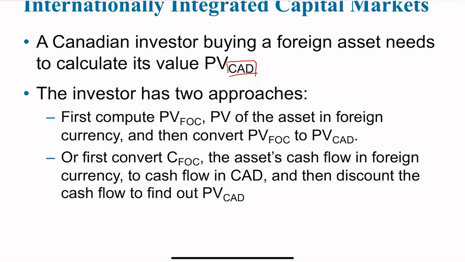The second approach, the investor can first convert the cash flow from the foreign asset to cash flow in Canadian dollars. Then the investor can discount the cash flow to find out the present value in Canadian dollars, right?